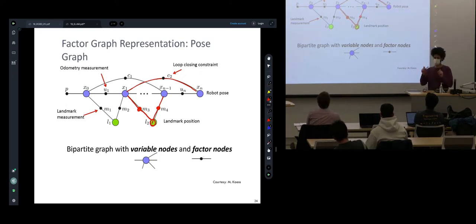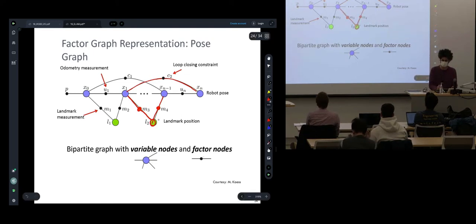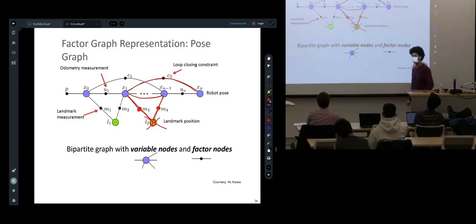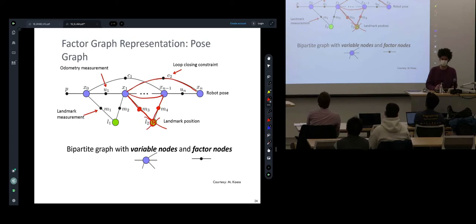It is via the landmark, right? Because now x1 and xn-1 are correlated via L2. If you marginalize L2 from the graph, then these two get connected, right? There is a way to marginalize it, and you can do that. By doing that, all the edges that are connected to that landmark get correlated.